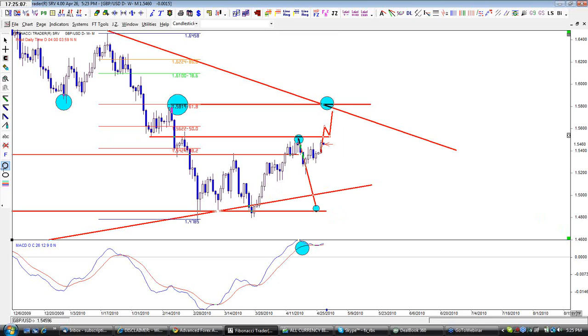Now 150.50 will be the area where I'll look and watch for some reversals. If this doesn't stop the price, we'll continue trading the pair bearish all the way down to support.